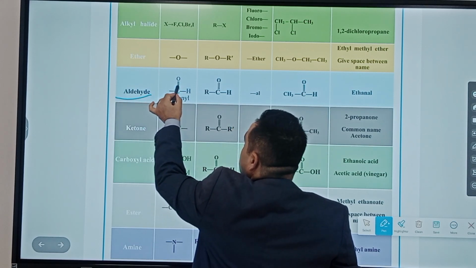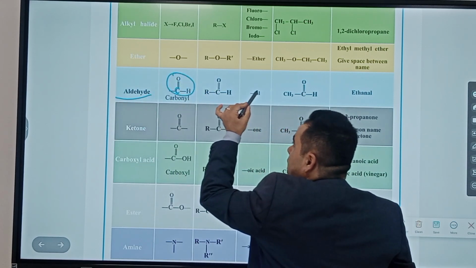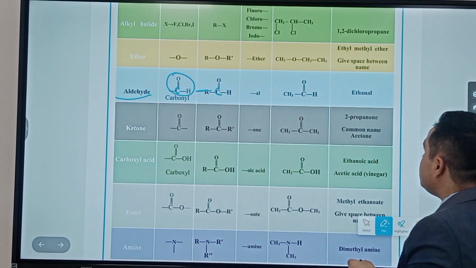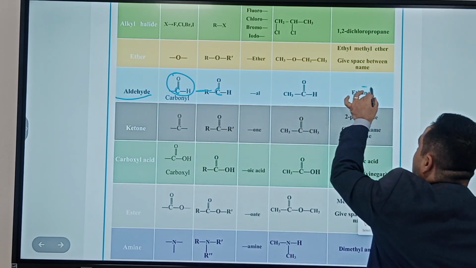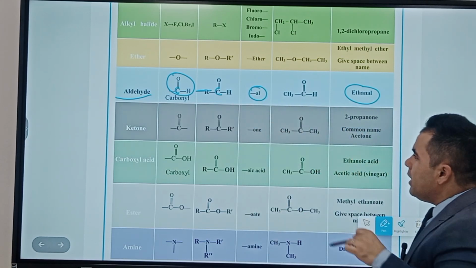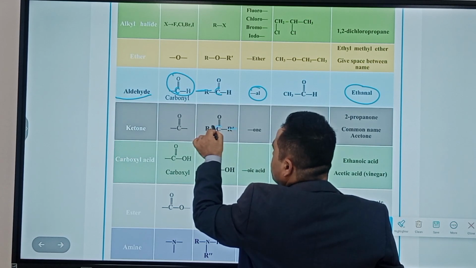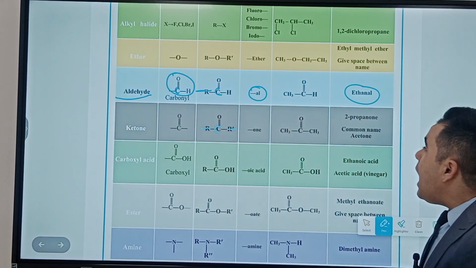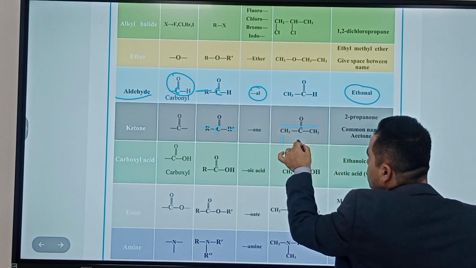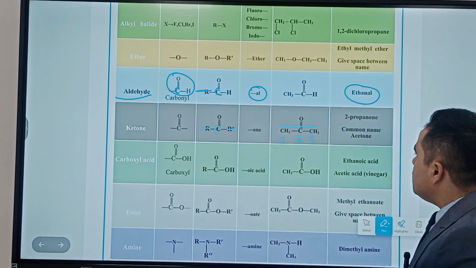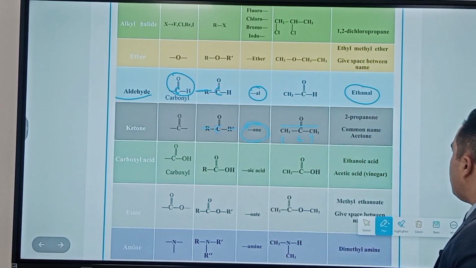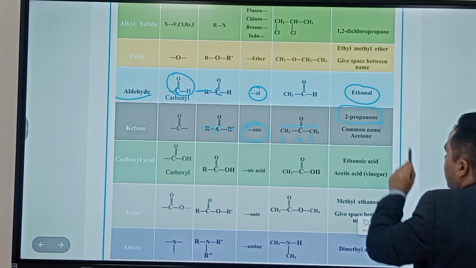Aldehyde contains the carbonyl group at the end of the chain, written like this, and then R becomes the parent to it. This is ethanal, which takes the suffix -al on the parent name. Ketone has the carbonyl in between two R's, which are the chains. Here we have to number the chain, 1, 2, 3. It takes the -one suffix, propanone, 2-propanone.